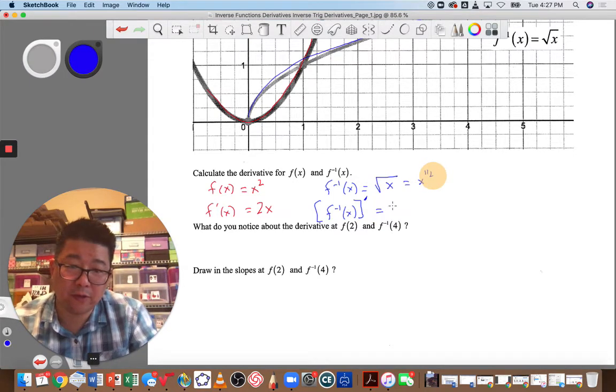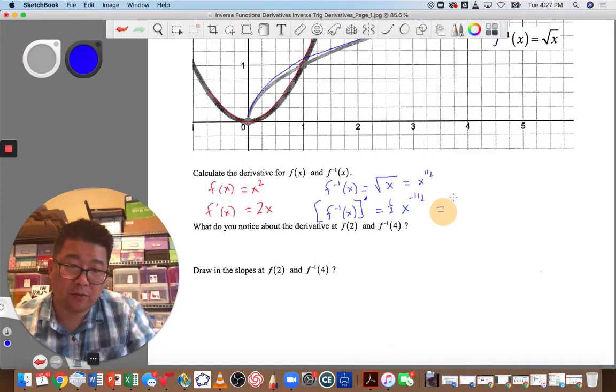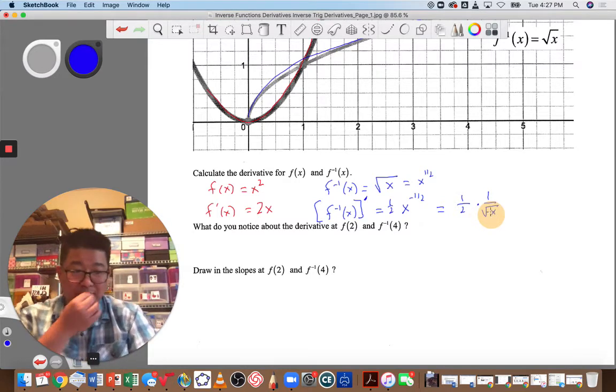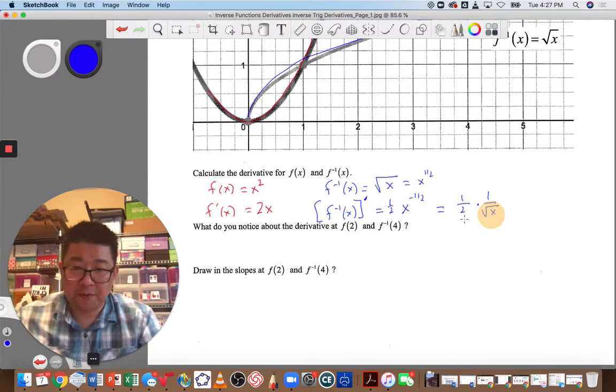All we have to do now is use the power rule, bring down the 1/2. The new power is x to the negative 1/2, and if I wanted to rewrite it, it would look something like 1/2 times 1 over square root of x.